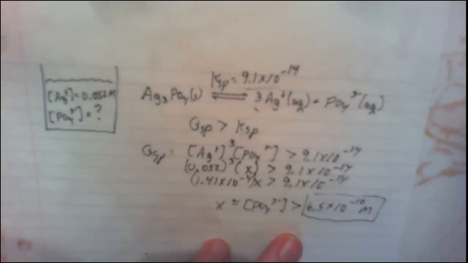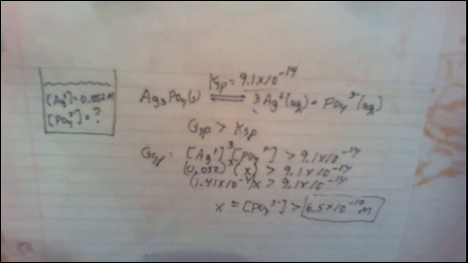We find that X, which is our minimal phosphate concentration in order for precipitation to occur, must be greater than 9.1 times 10 minus 14 divided by 1.41 times 10 minus 4, or about 6.5 times 10 to the minus 10 molar. So that's the minimal phosphate concentration needed in order for precipitate to form under these conditions.